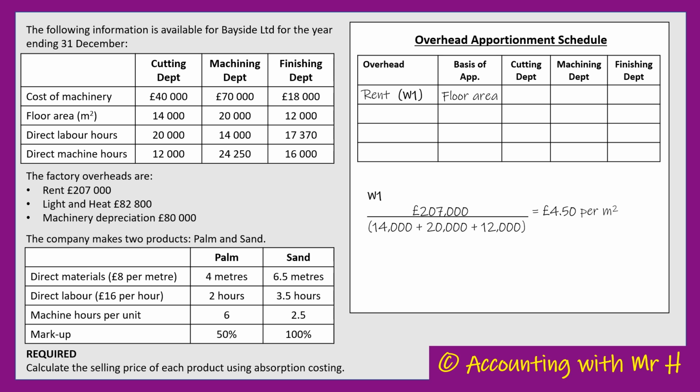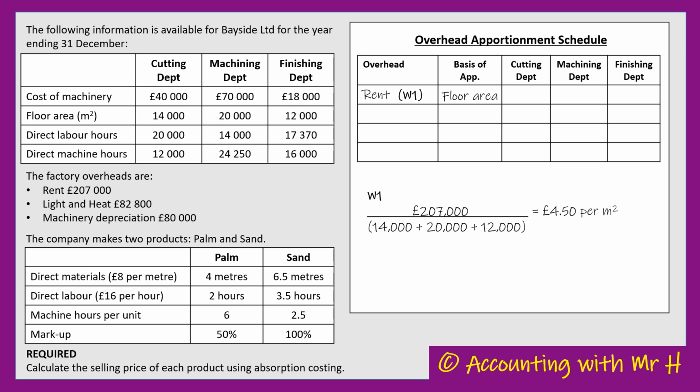So that's the 14,000 square meters from the cutting department, the 20,000 square meters, which is the size of the machining department, and the 12,000 square meters size of the finishing department. And that gives me £4.50 per square meter. So apportioning this rent then, I'm going to do it on the basis of floor area at a rate of £4.50 per square metre.